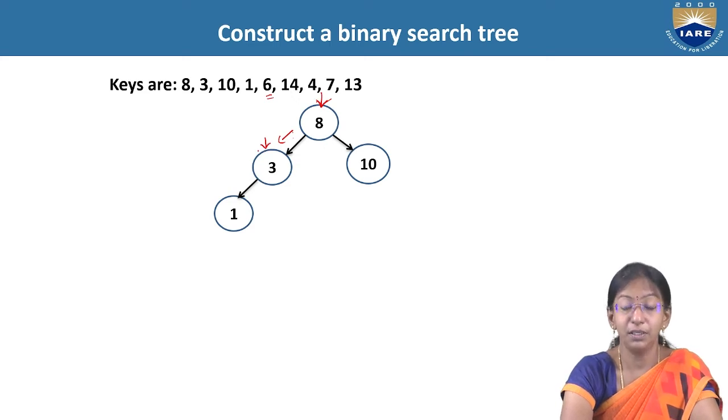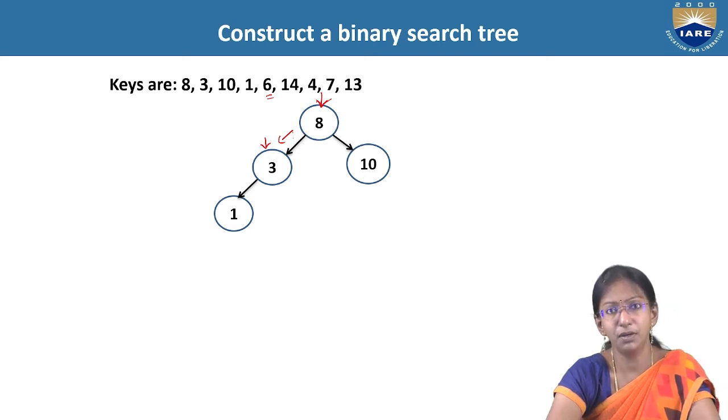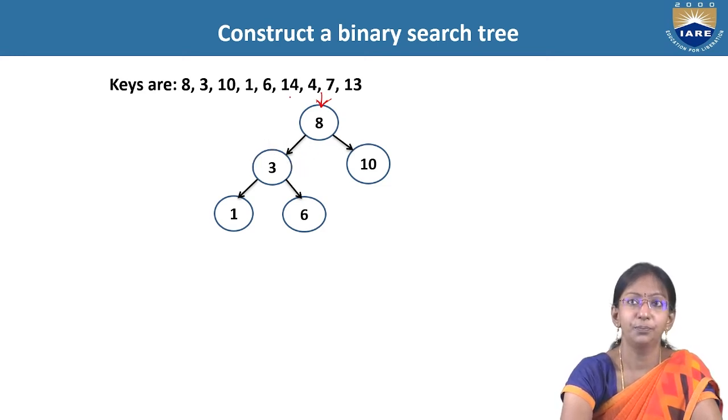The element which we want to insert is greater than 3. That means the new element is going to go to the right hand side of 3. Is there any element present on the right hand side of 3? No, there is no element. So I can place it as the right element of 3.